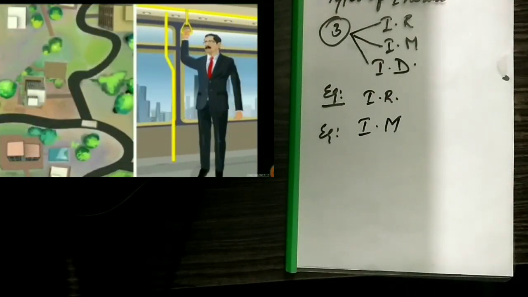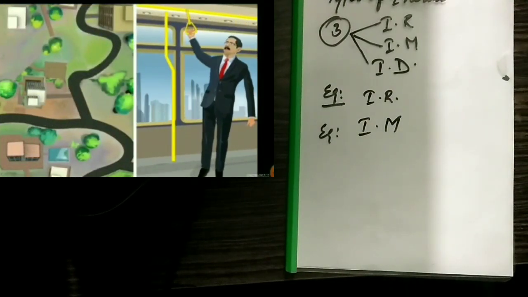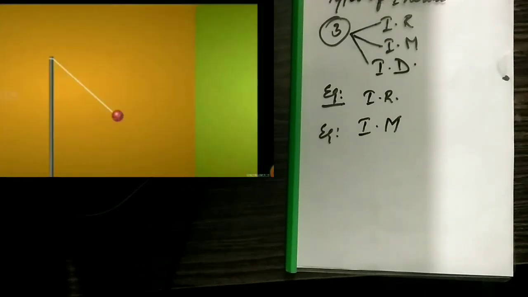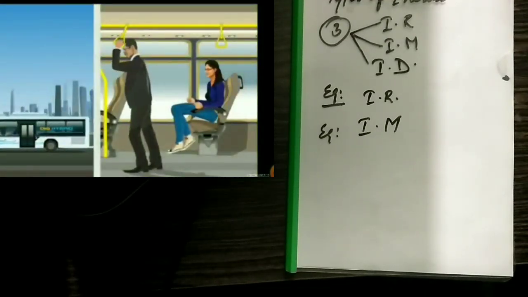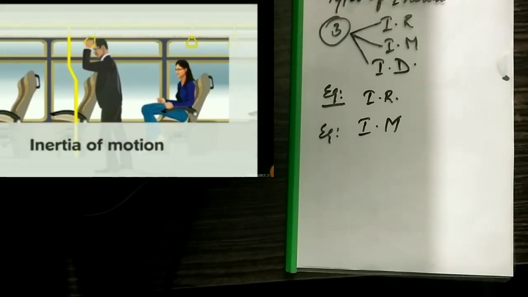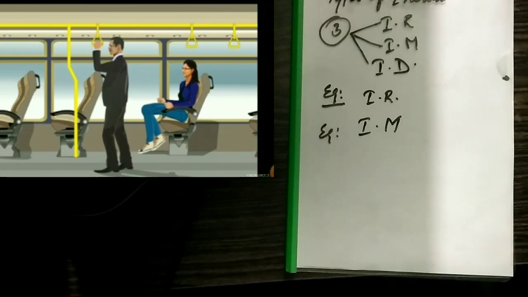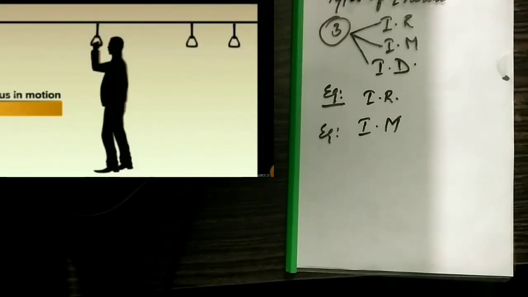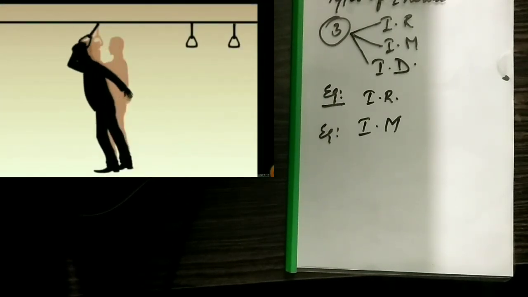Next, coming to the example of inertia of motion. The same example we can consider: a fast moving body that suddenly stops or comes to rest. The passenger in a bus which is moving fast falls forward when it suddenly comes to rest.